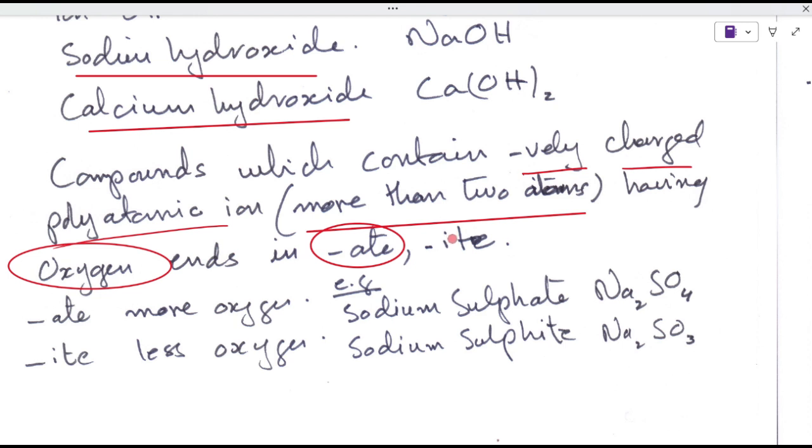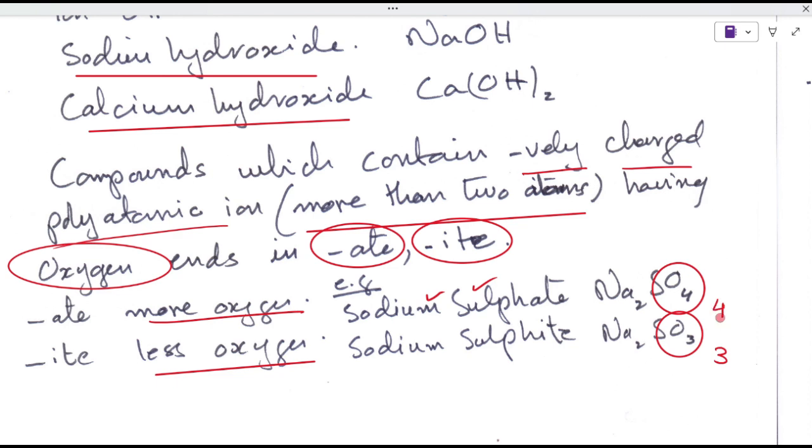The -ate will have more oxygens, for example sodium sulfate, where you can see 4 atoms of oxygen. Then -ite has less oxygen, for example sodium sulfite, where there are 3 atoms of oxygen.